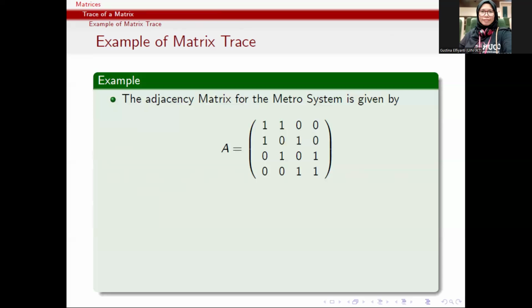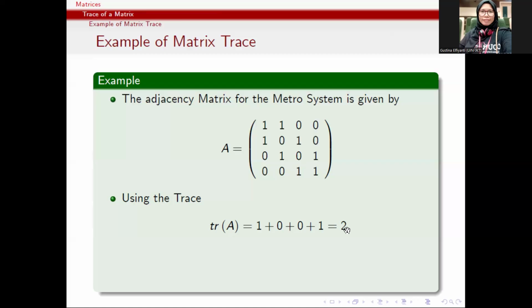So it means there is a direct connection from A to A, A to B, B to A, B to C, C to B, D to C, D to D, and this is C to D. Using the trace, we get the trace of A is the sum of 1 plus 0 plus 0 plus 1.